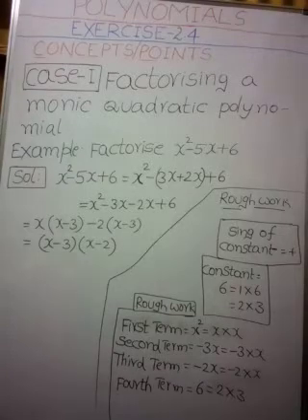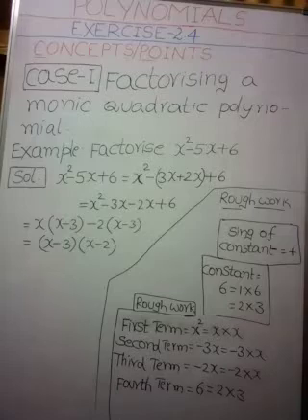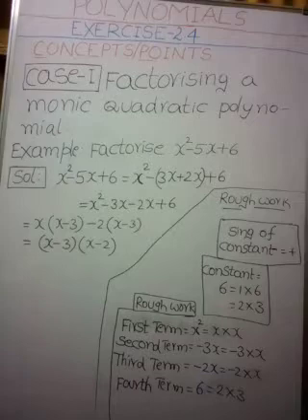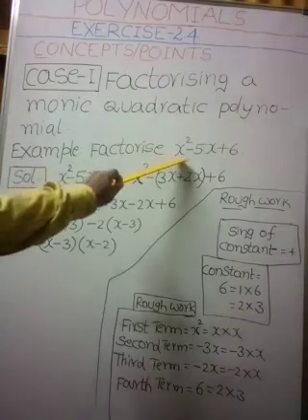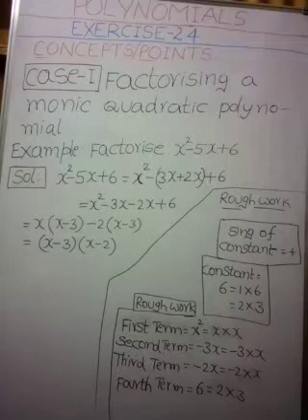This is a special case, a monic quadratic polynomial. I told you clearly which quadratic polynomial is said to be a monic quadratic polynomial. I repeat the point. If the coefficient of x square is 1, then the quadratic polynomial is said to be a monic quadratic polynomial.